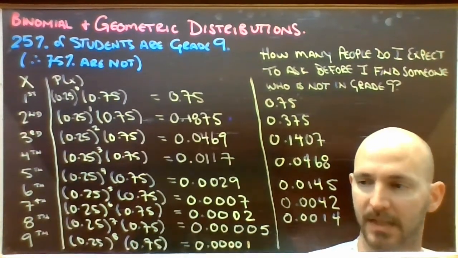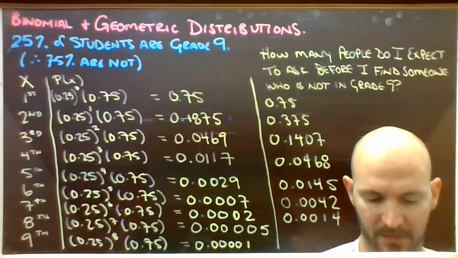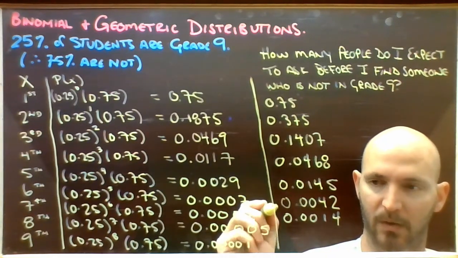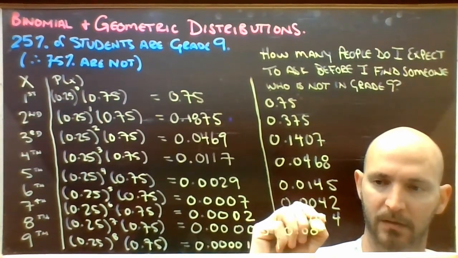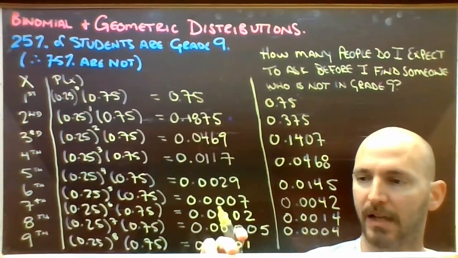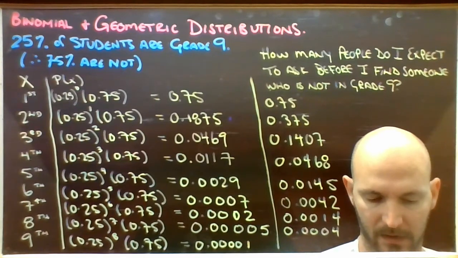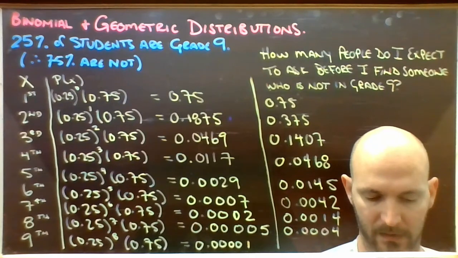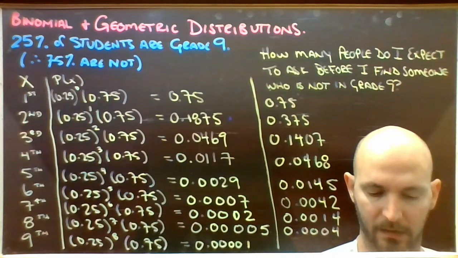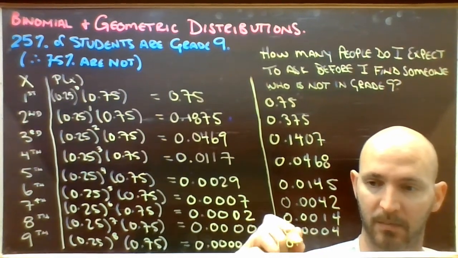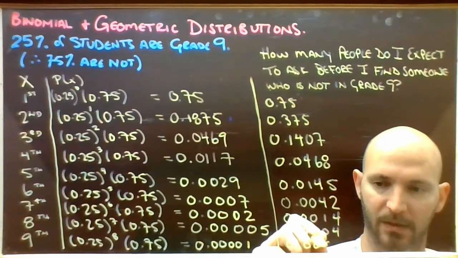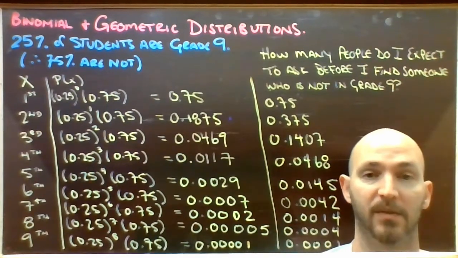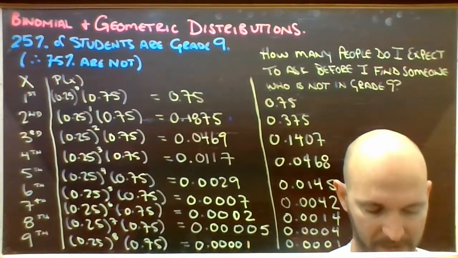And 8 times this would be 8 times 0.1, 4 zeros and a 5. It's 0.0004. And 9 times this one, 9 times 0.1, 2, 3, 4 zeros and a 1 is 0.00009, which I'm going to round to 0.0001 because I'm only keeping 4 decimal points.